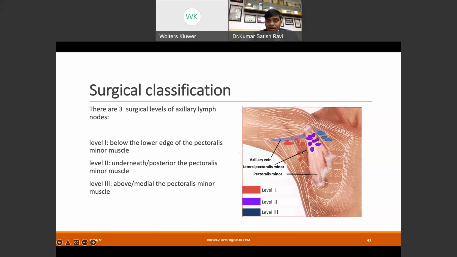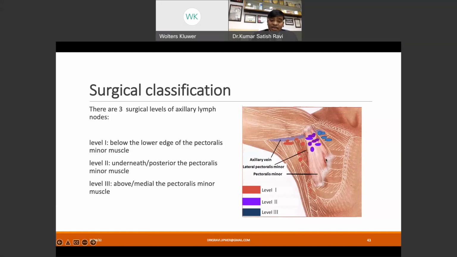The level 1 group of lymph nodes will be present below the lower edge of the pectoralis minor muscle. So this is the landmark, and the classification has been done accordingly, with the pectoralis minor as the landmark.